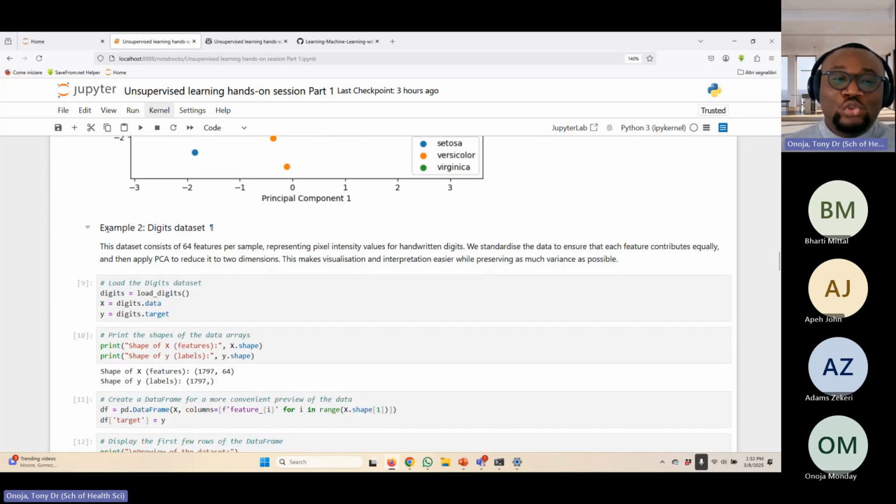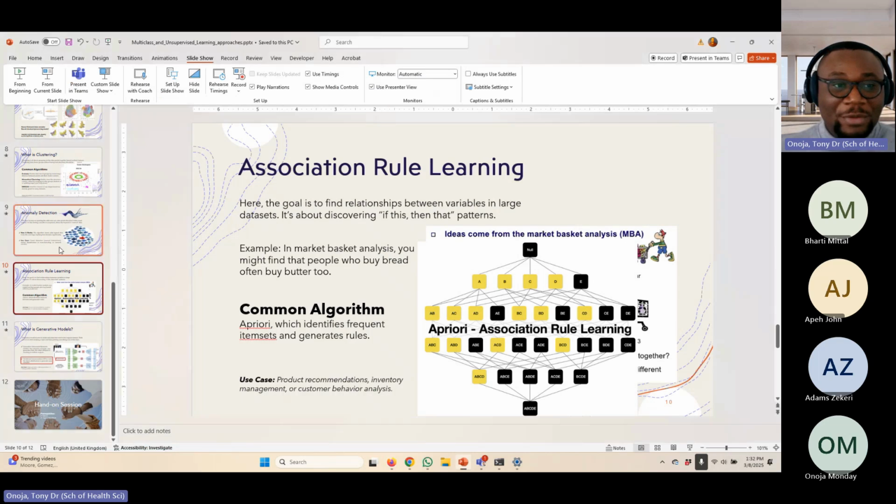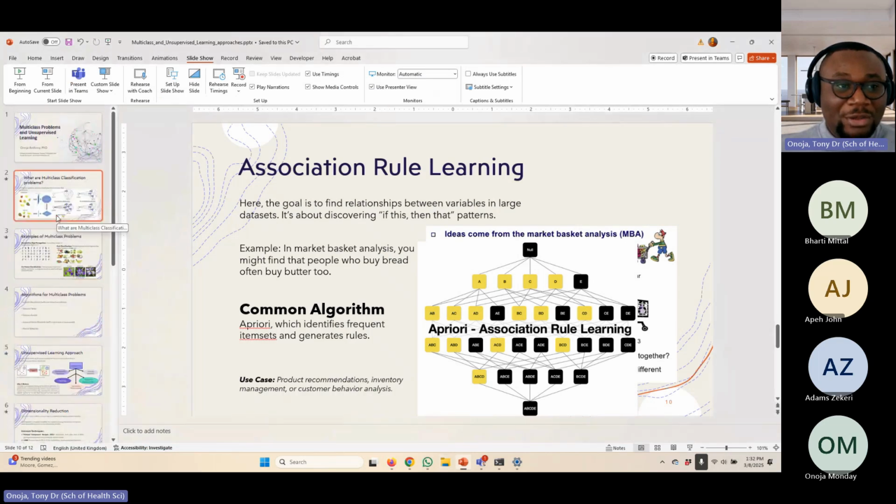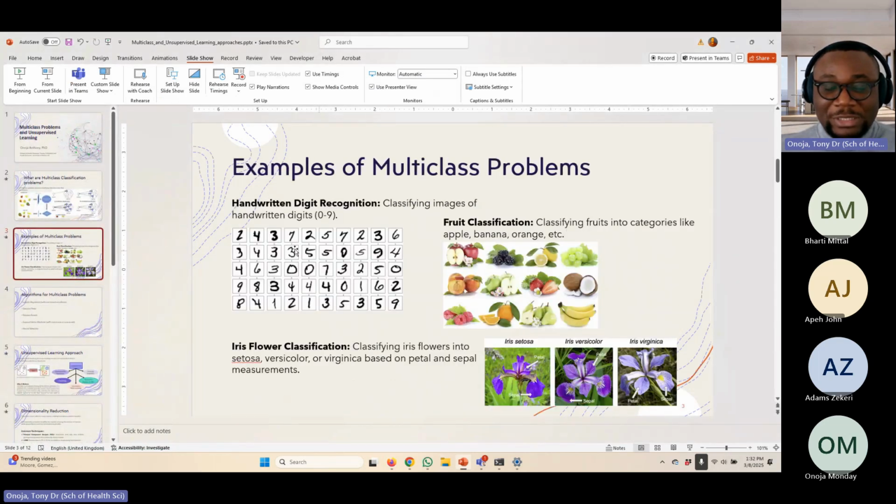So the example 2 that we're going to look at is the digit dataset. The digit dataset that we talked about last week, if you remember correctly, is an image dataset of handwriting, where we have 2, 4, 3, 7, 2, 5, 7, so there is that confusion about it.